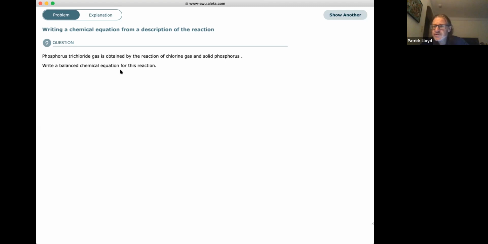So a nail is rusting, or a seashell is forming from calcium and carbon dioxide in the water. That's a chemical reaction. The acid digestion of a protein is a chemical reaction. We can write equations to represent them.